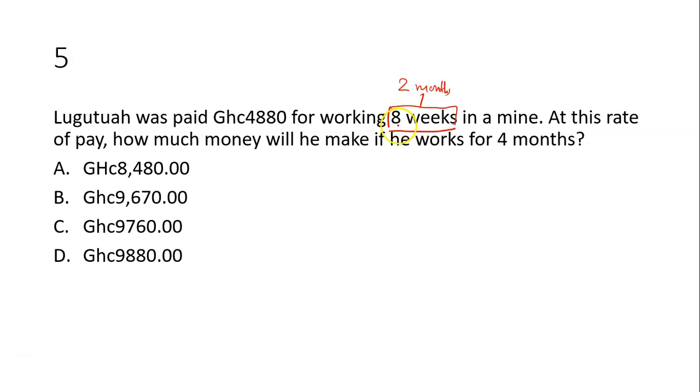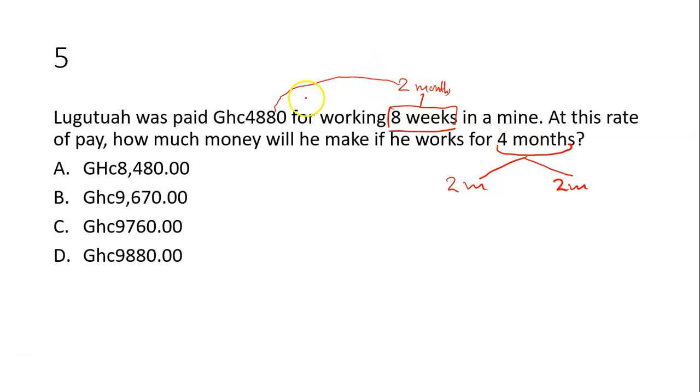We all know that 4 weeks is a month. So 8 weeks will be what? 2 months. So it means that for 2 months, he's being paid 4,880. So at the same rate of pay, we want to find 4 months. Now, in 4 months, there are 2 months and another 2 months, isn't it?